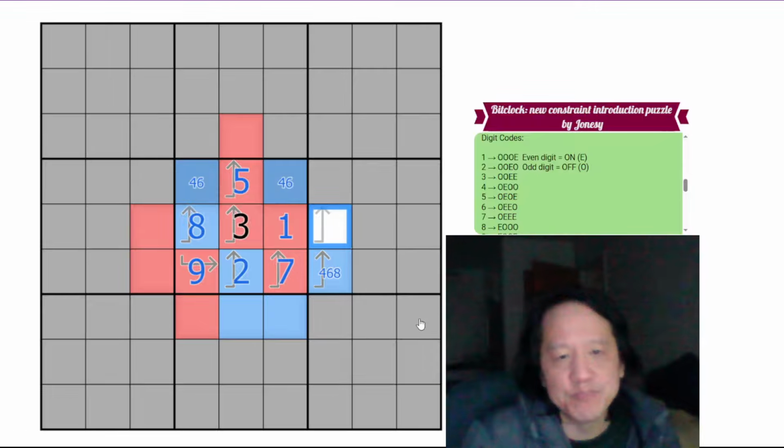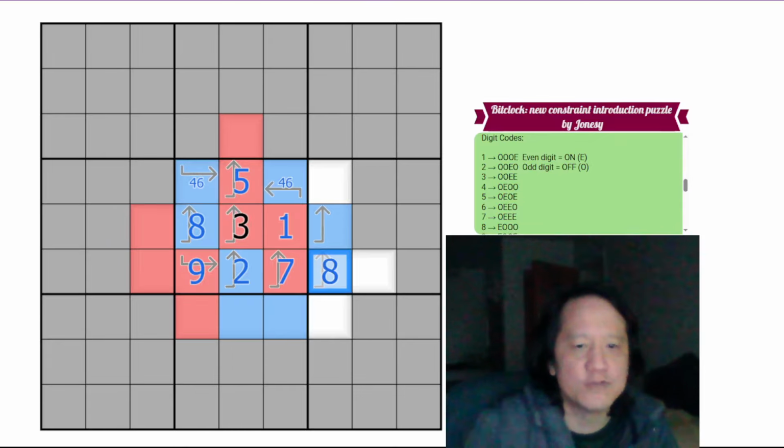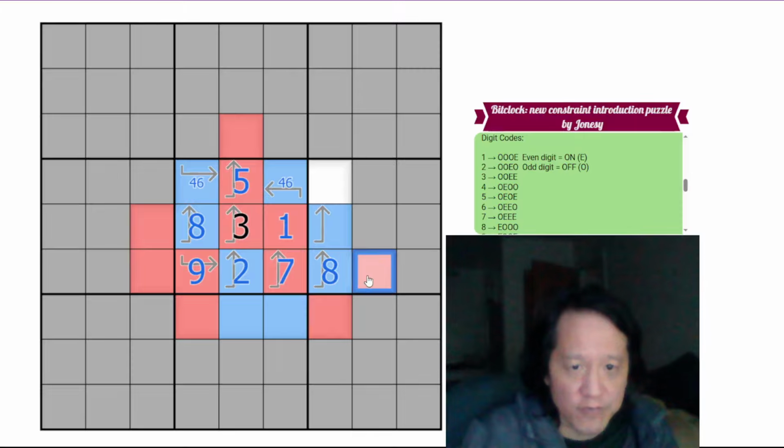This digit has an odd digit in the ones bit place, so it must be even itself. Well, the only even digit that has an 8-bit on is 8. So this is 8, which forces this to be odd and odd here. Those are off.